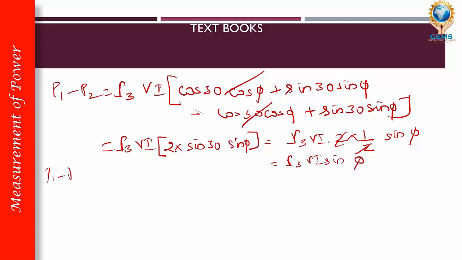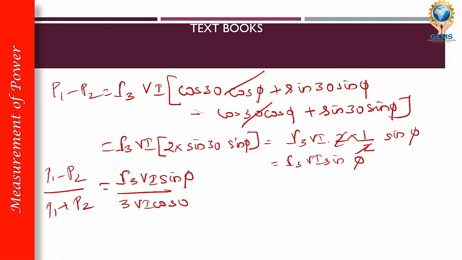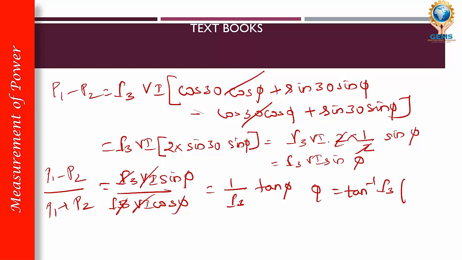P1 minus P2 divided by P1 plus P2 will give me root 3 VI sin 5 divided by 3 VI cos 5, which gives me 1 by root 3 tan 5. So phi is equal to tan inverse of root 3 into (P1 minus P2) divided by (P1 plus P2).